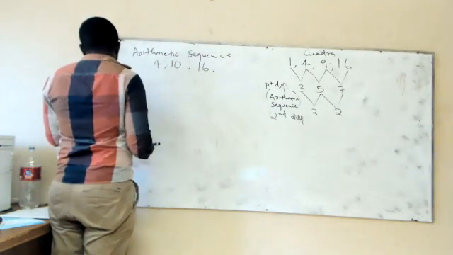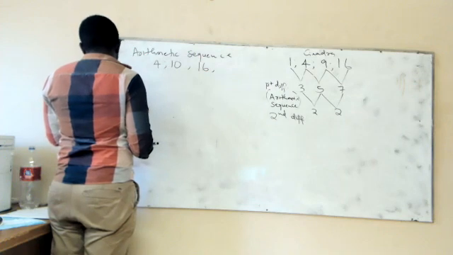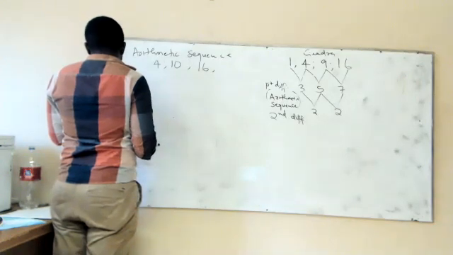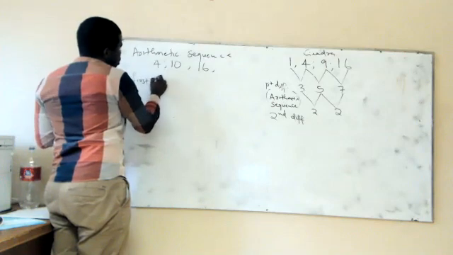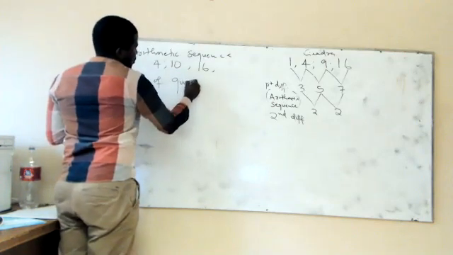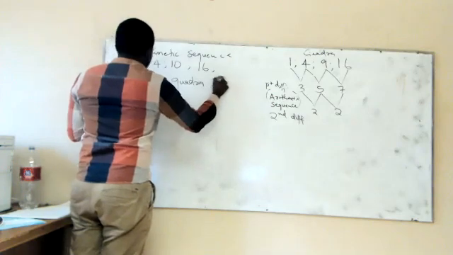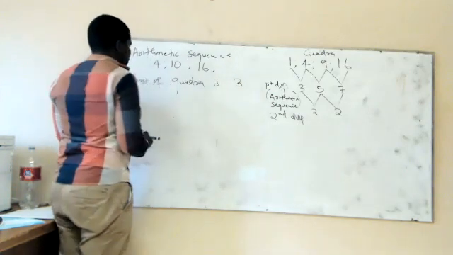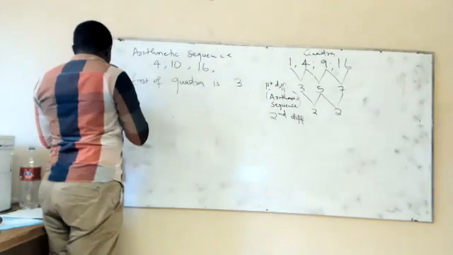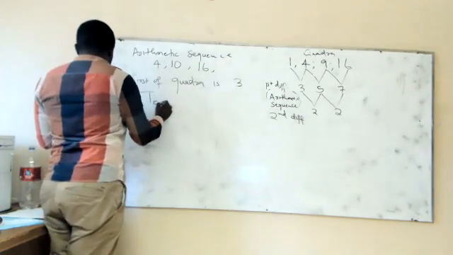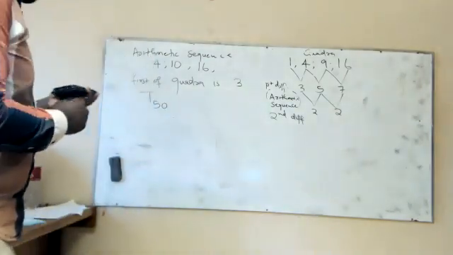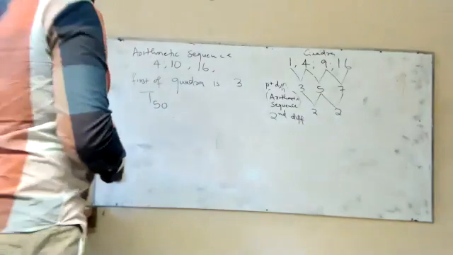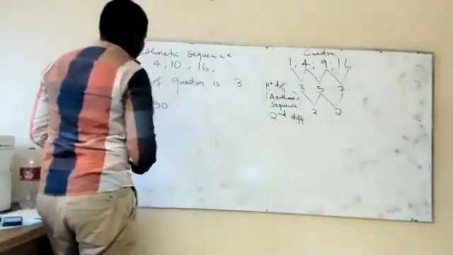We are also told that this is the first difference of a quadratic sequence whose first term is 3. This is the information we have. The question requires us to find T50, the 50th term.